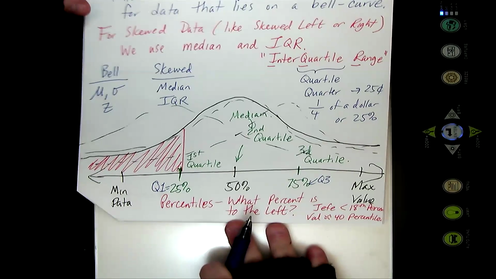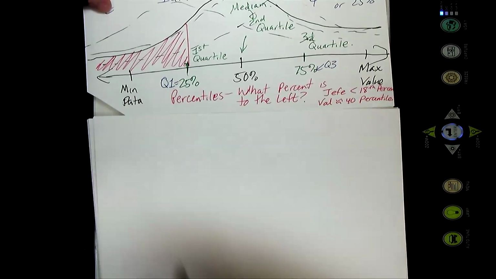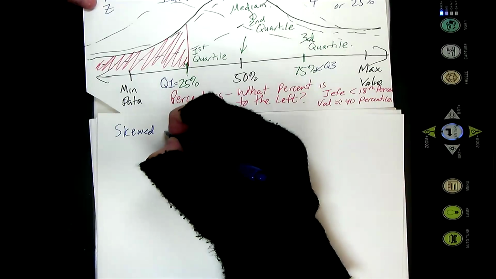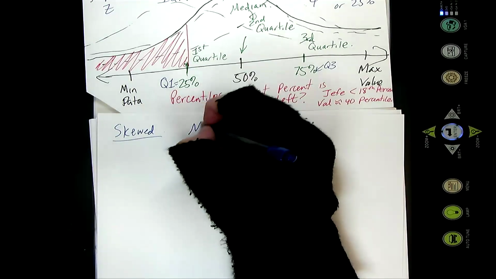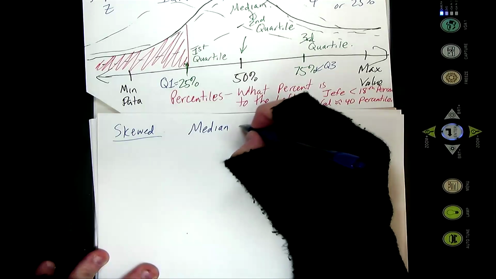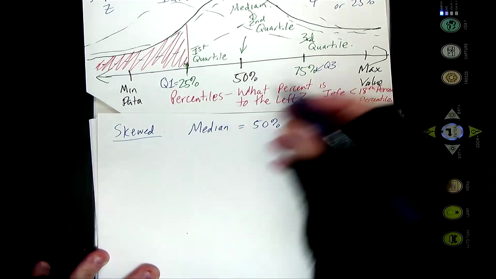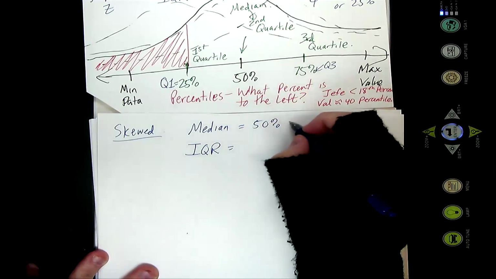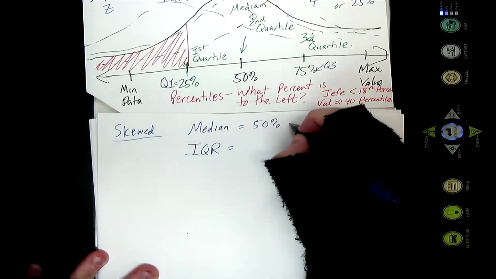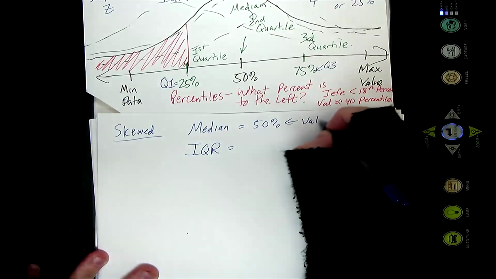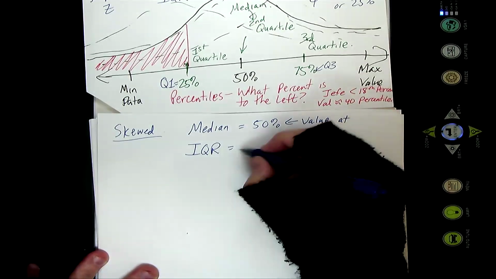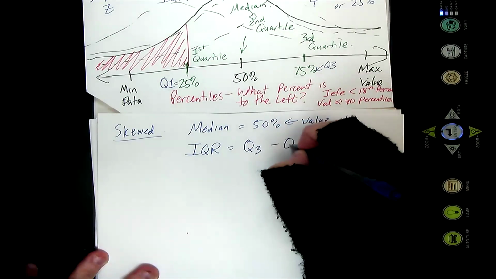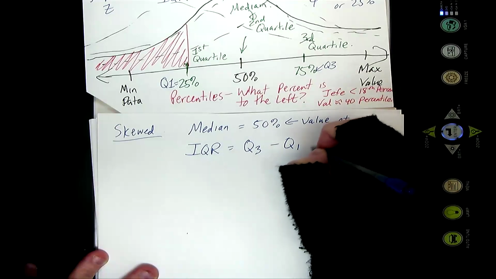So where do the median and interquartile come in? Median is the 50% mark. The IQR is calculated: you take the score for Q3 and you subtract Q1, and you get the IQR.